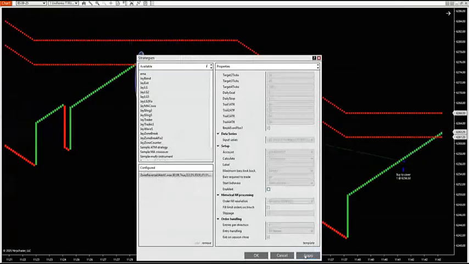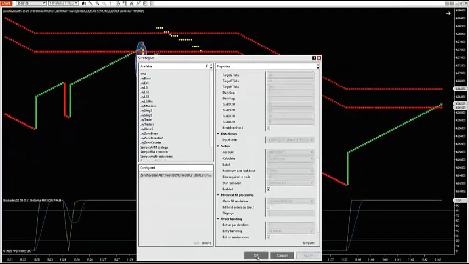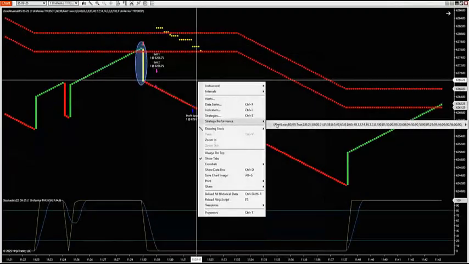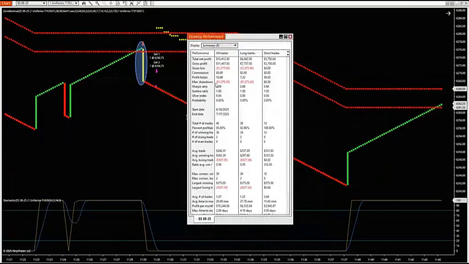But you just go in here and change this. Let's say if you just want to go down to 2 contracts, we can look at the performance on 2 contracts. Hit apply. This is 2 contracts. Now you don't have a runner, but still you can see that it's hitting its first targets quite well over the past 30 days. But see, your drawdown goes way down also by doing 2 contracts, still 95%.